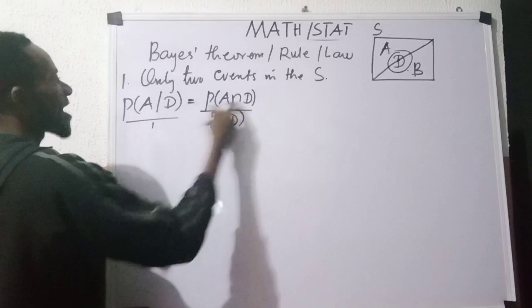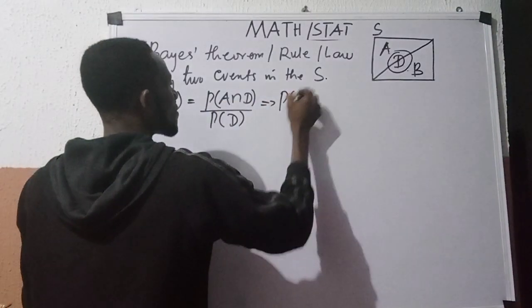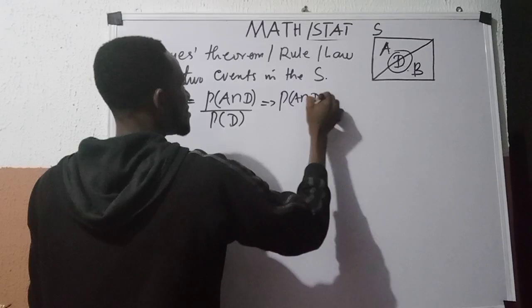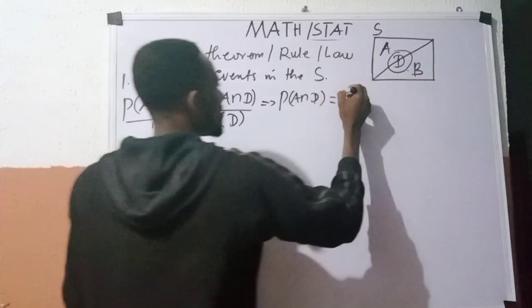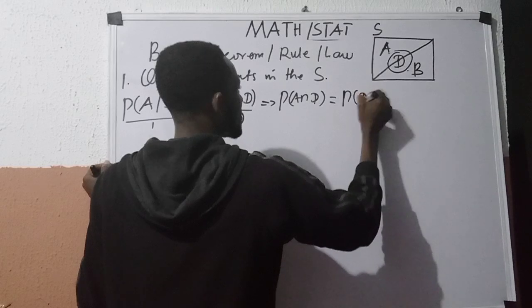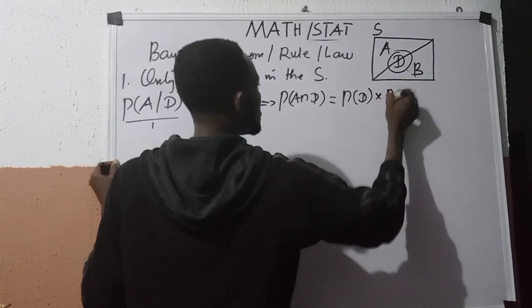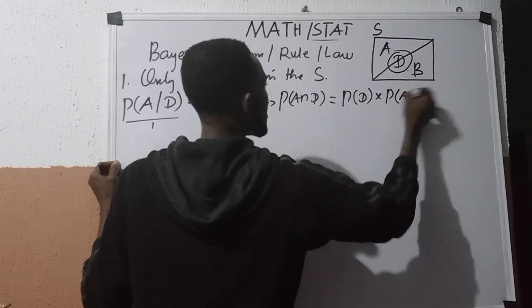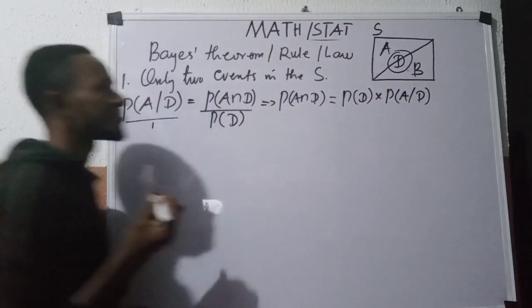By saying 1 times this would imply like this: P of A intersection D is equal to this multiplied by this, which gives me P of D, then multiplied by P of A given D. Close it.